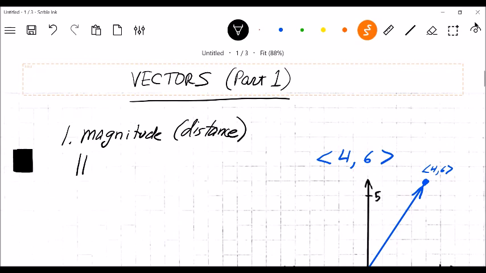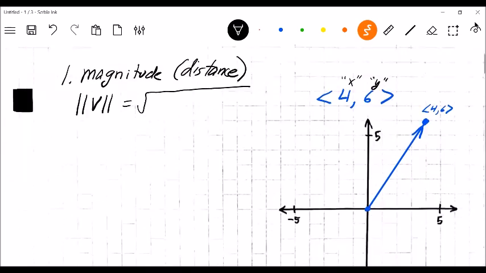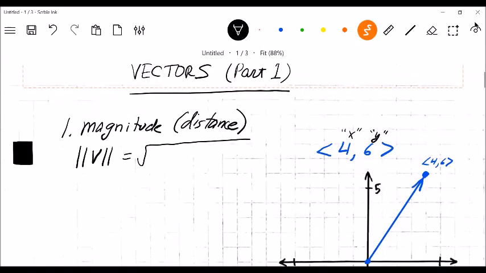And we use the symbol double line, like absolute value lines, but doubled to mean the distance. And the way that we figure this is we do the absolute value of, that's the one, it is sort of like the X and sort of like the Y. It's not really an X and Y. It does help us graph it that way, but it's not really it.